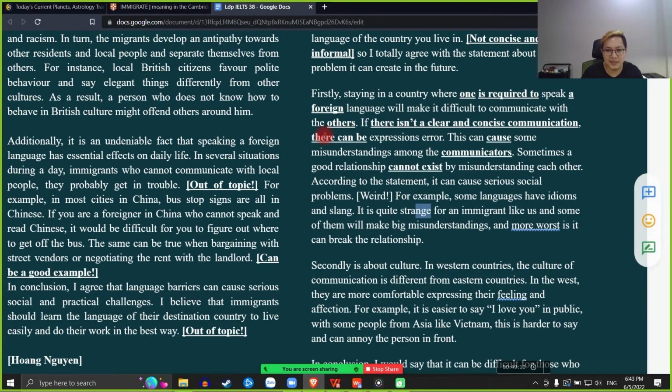Okay, let's use the word strange for migrants. Migrants. It's quite strange for migrants. Người dân nhập cư, người dân di cư, for migrants.